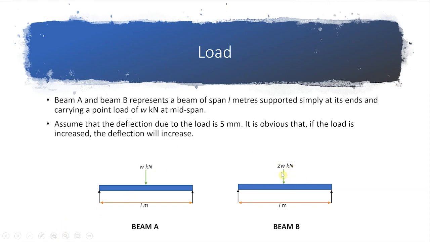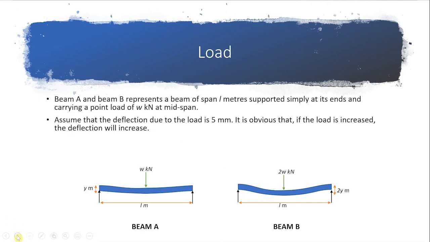However, if this is 2 times W, its deflection will double, which is 10 mm. Here if the loading is double, you see here 2y, meaning 2 times 5 mm. So it becomes twice the deflection.